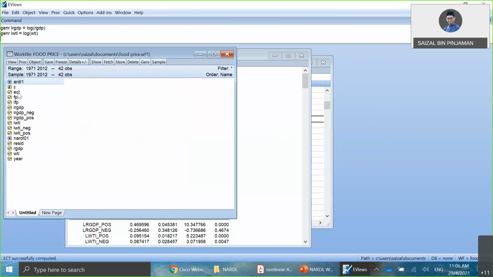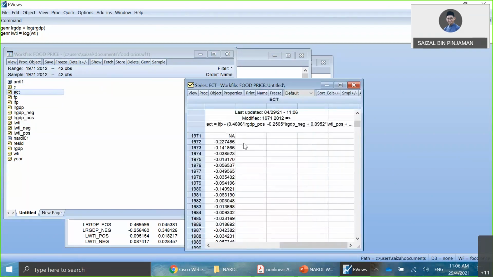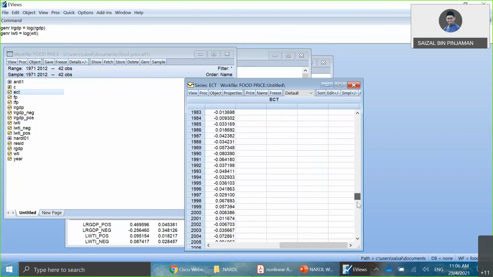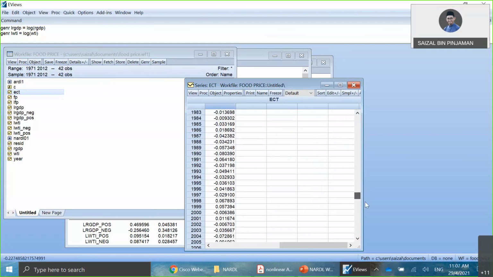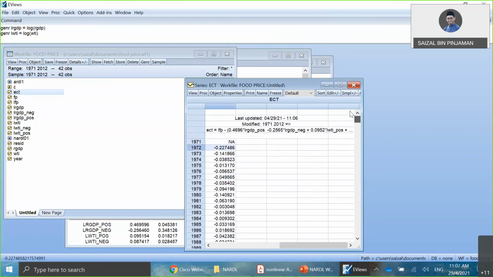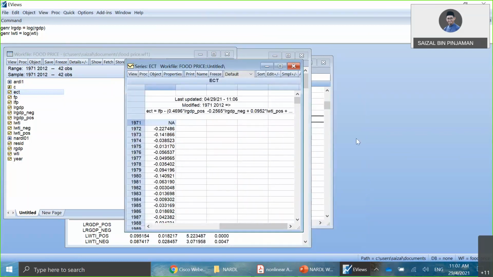So here we have this additional variable created in the work file, which is the ECT. Here you can see the ECT. Of course, for the first observation, the value will be not available. Why?